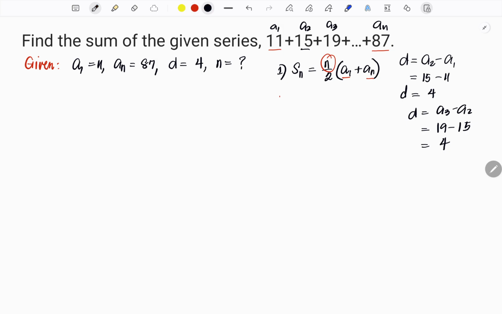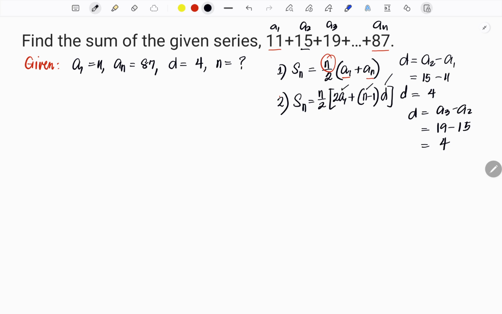And our second formula is given by s sub n is equal to n over 2 times the quantity 2 a sub 1 plus the quantity n minus 1 times d. Using this formula, the common difference should be given, the value of n should be given as well, and a sub 1.